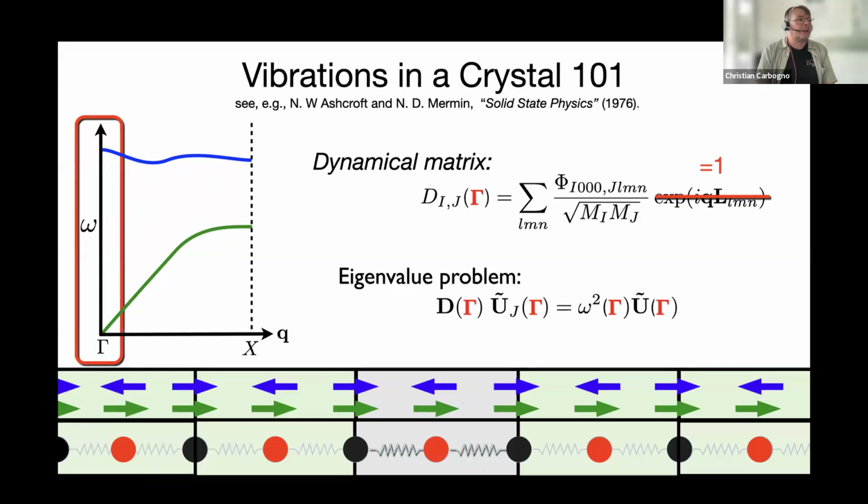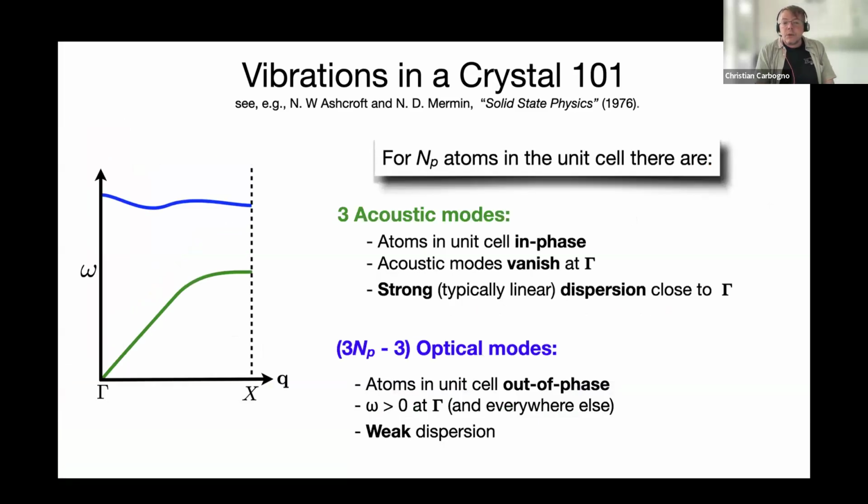In real problems, in real systems, let me go back. Where did we have that as a summary? You always have 3 acoustic modes, regardless of how many atoms you have. Why?